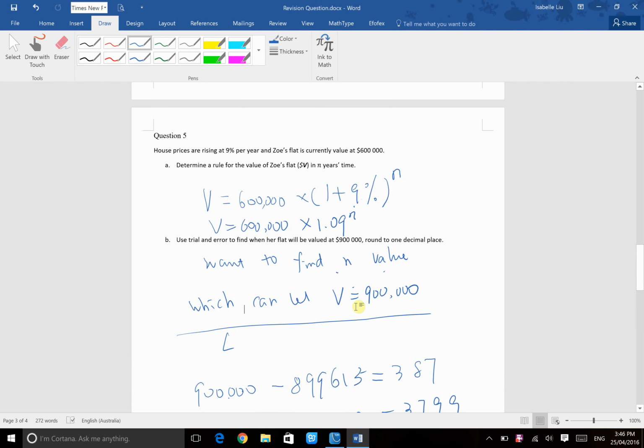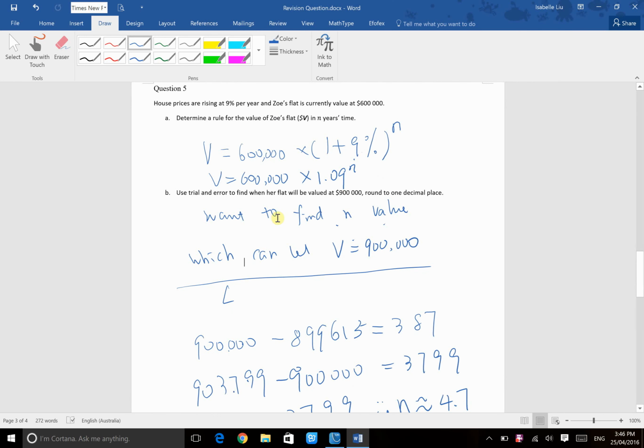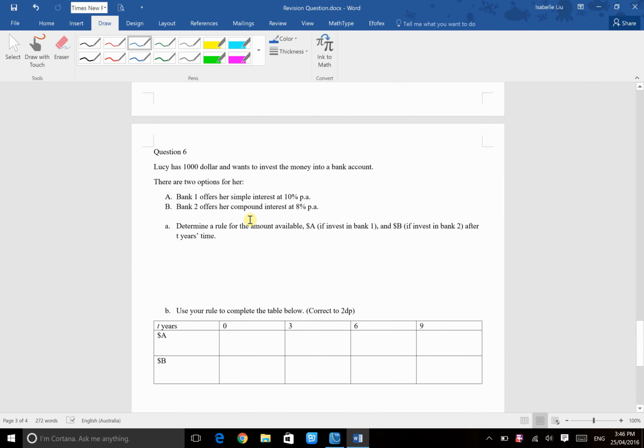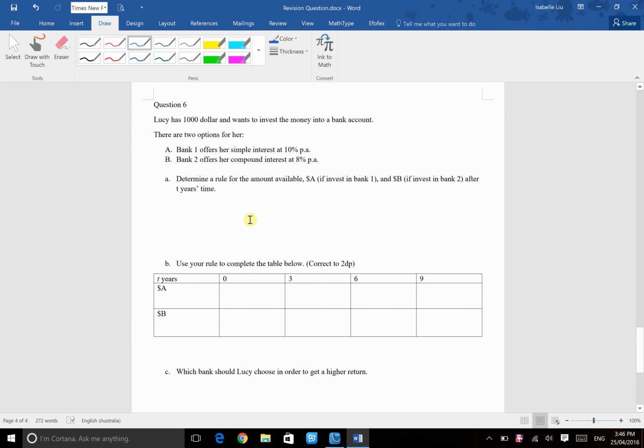Okay, that's question 5. Let's do question 6, the last one. Okay, so Lucy has $1,000 and wants to invest the money into a bank account. There are 2 options for her.